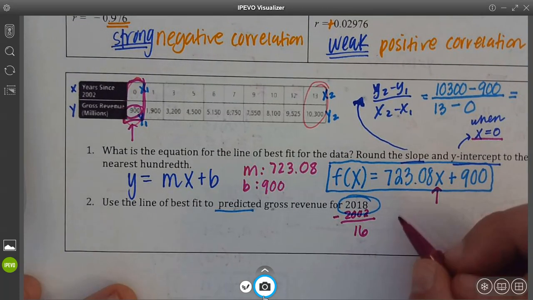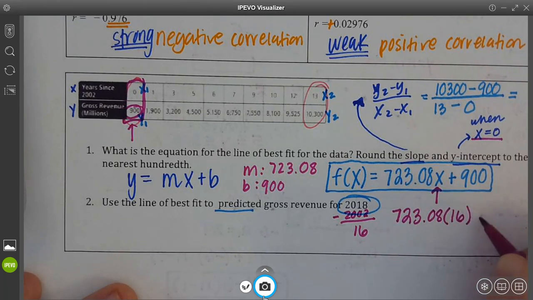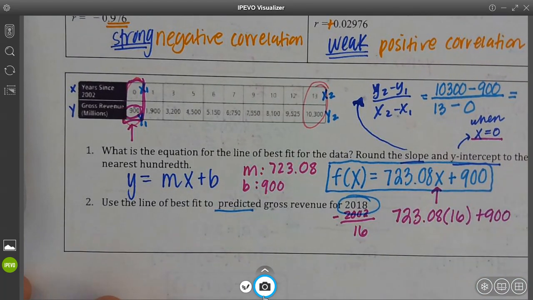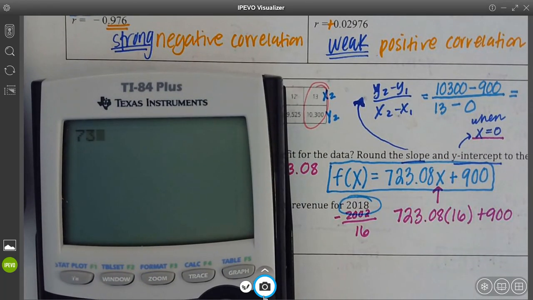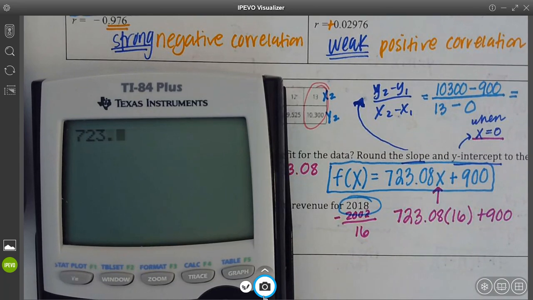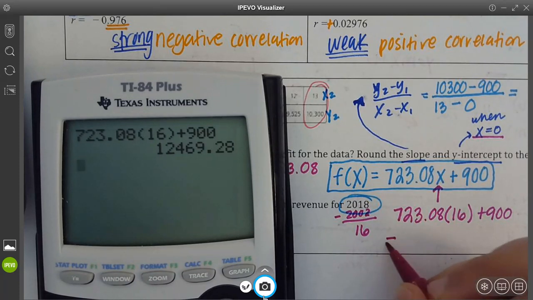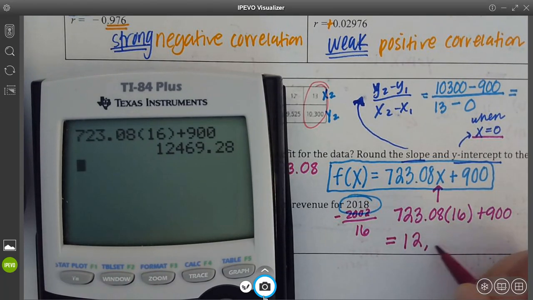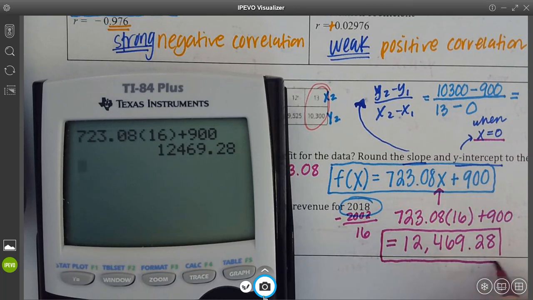So in our equation, I'm going to take 723.08 times 16 plus 900 to find the expected gross revenue. This expected revenue is 12,469.28. I'm going to leave it rounded to the nearest hundredth, the 2 decimal places, because it's money, so 28 cents makes sense.